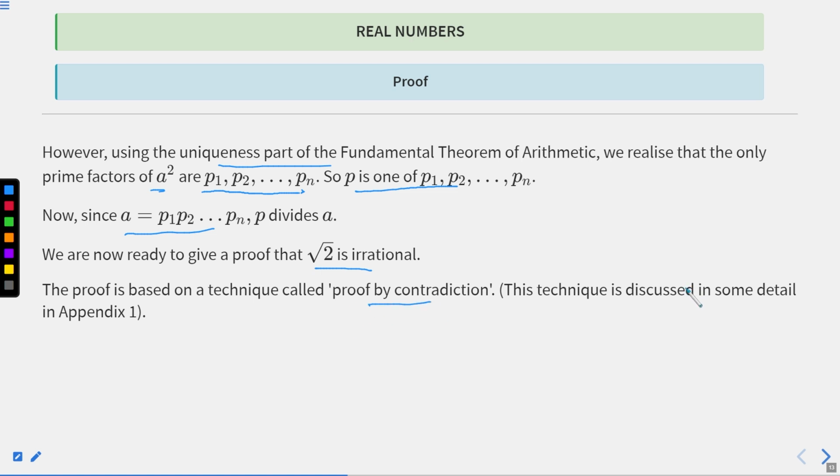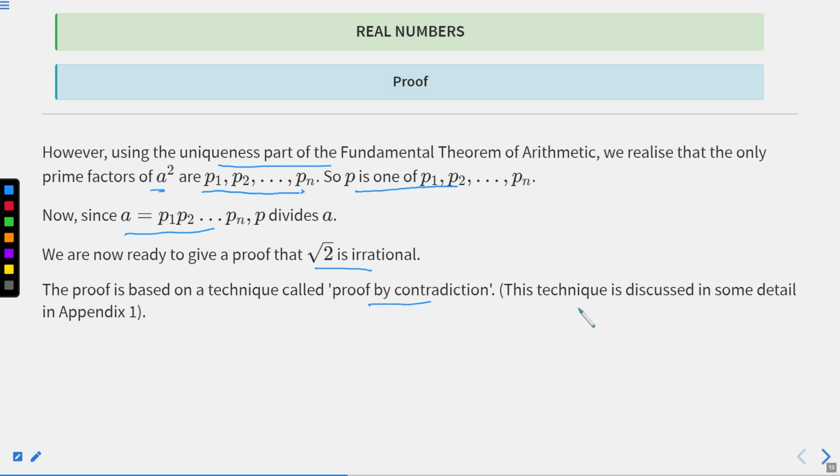In this method, we assume the statement is false, then derive some consequences, and we get a wrong statement, which tells us our assumption is false.